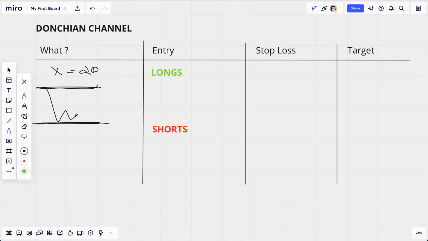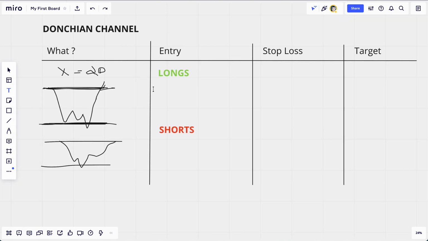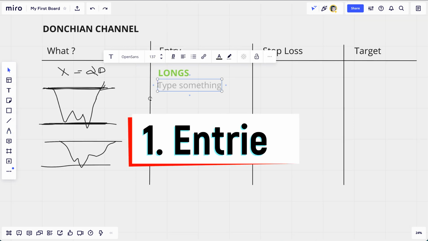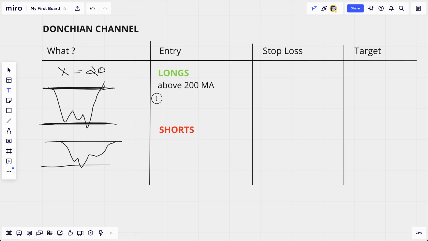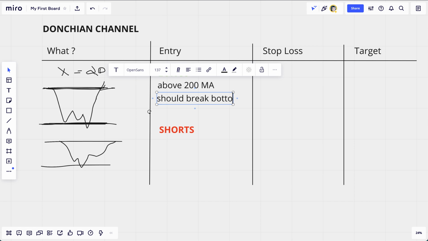Why is this cool? Because we're gonna be able to catch manipulations of the market or catch breakouts, depending on what kind of strategy you are using. So the strategy to go long: the price should be above the 200 moving average, and the price should break the bottom line of the channel.